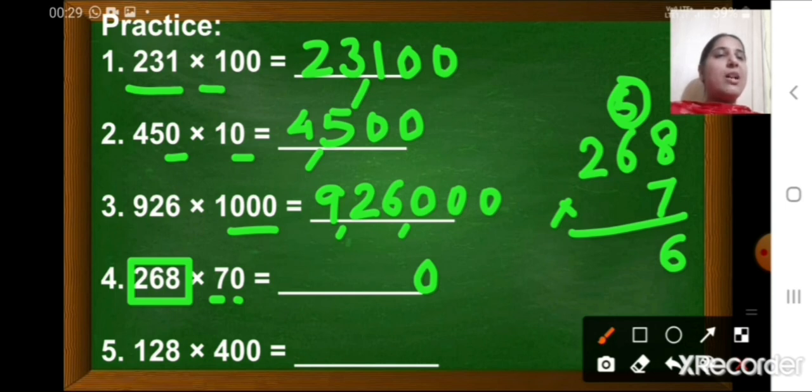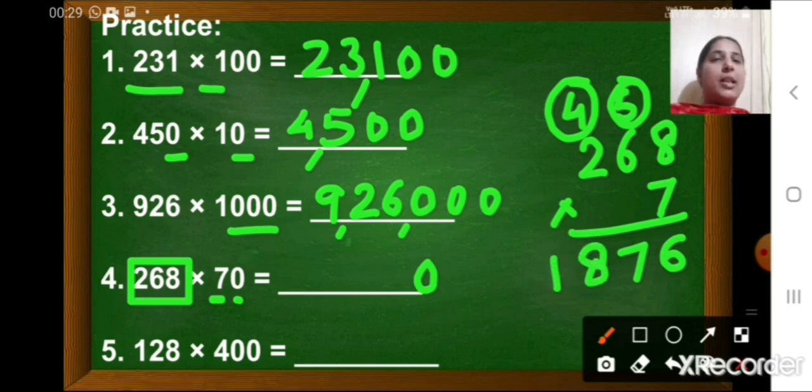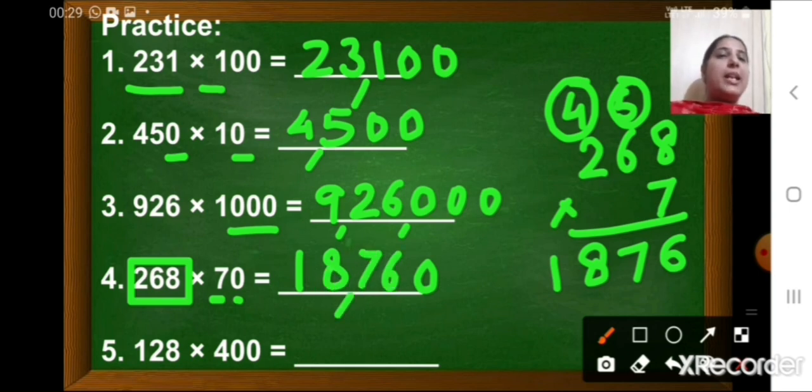Now 6 sevens are 42. 42 plus 5, 47. So 7 we will write here and 4 will be carried over to the next place. So 2 sevens are 14 and 14 plus 4 is 18. So that we will write here, 1876. So the product obtained here becomes 18,760. Got it, children?